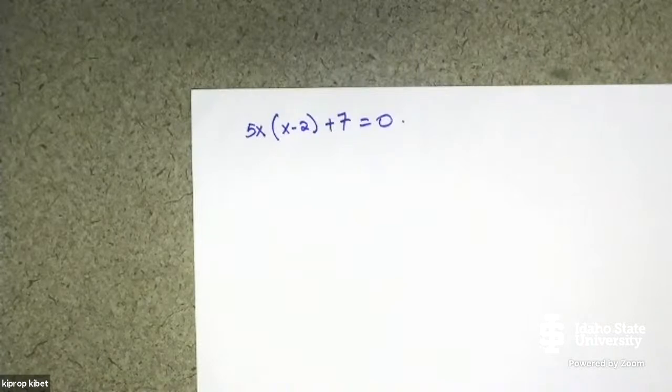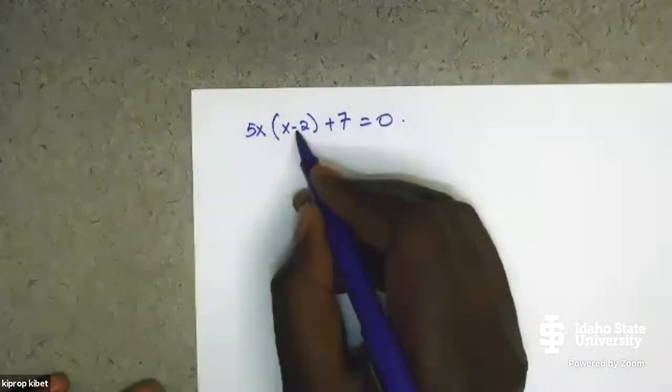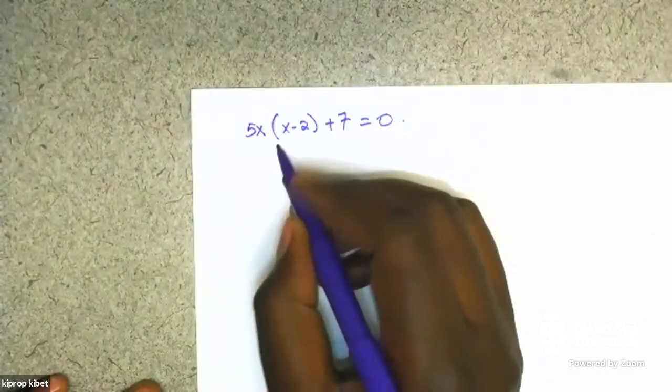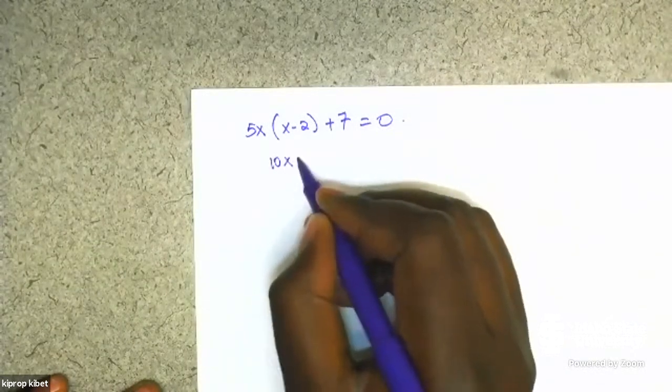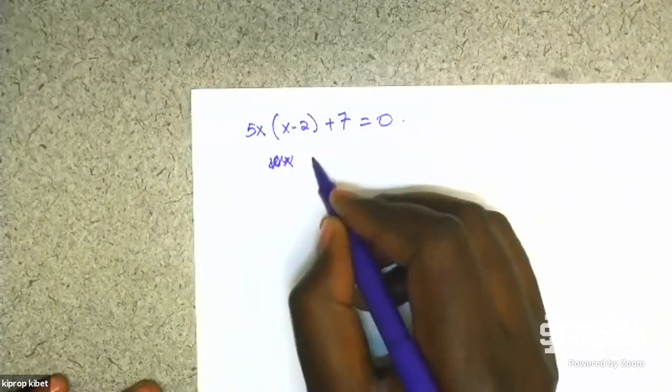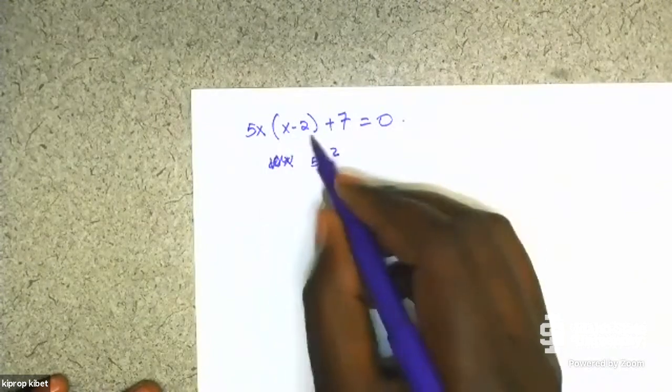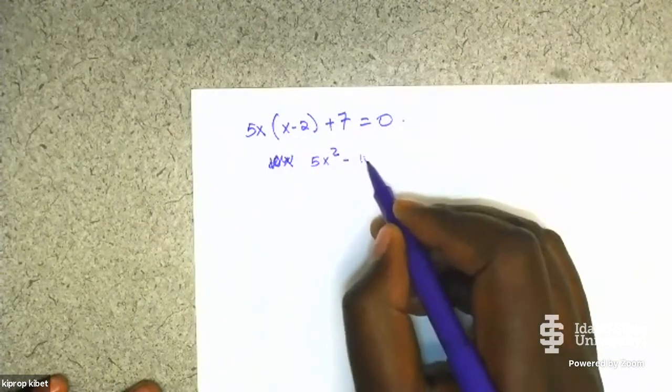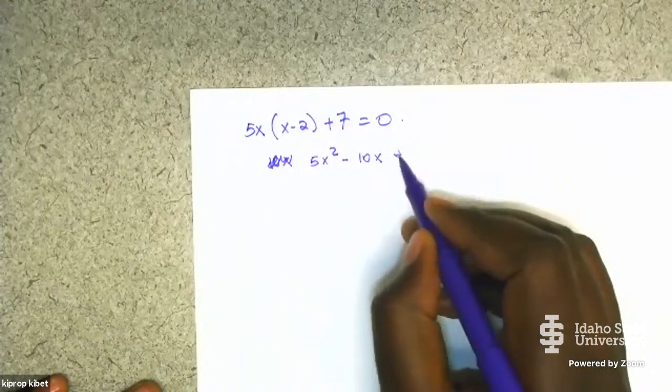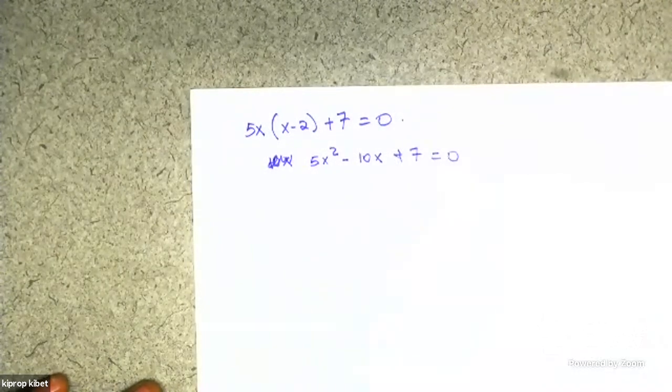How do you solve that? First of all, you open that bracket, which means you multiply each one of them by 5. So this is 5x squared, and this one is minus 10x, plus 7 equals 0.